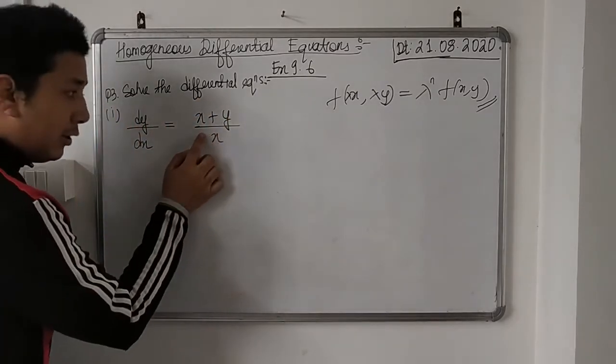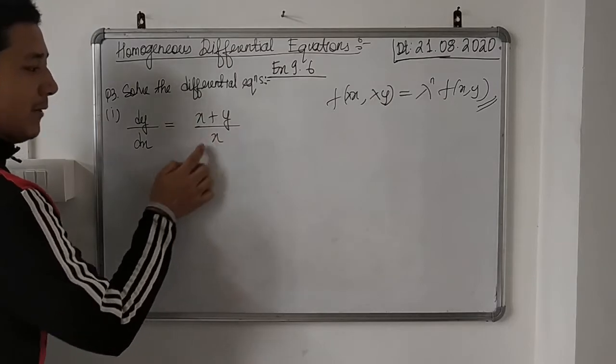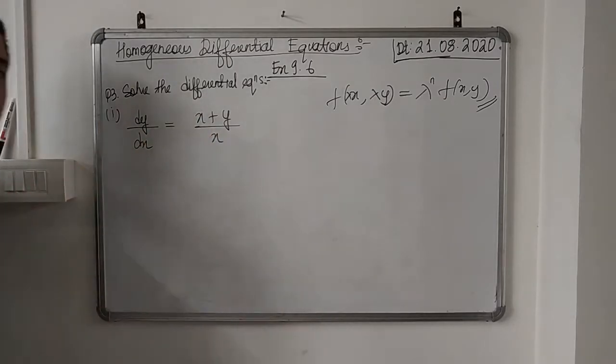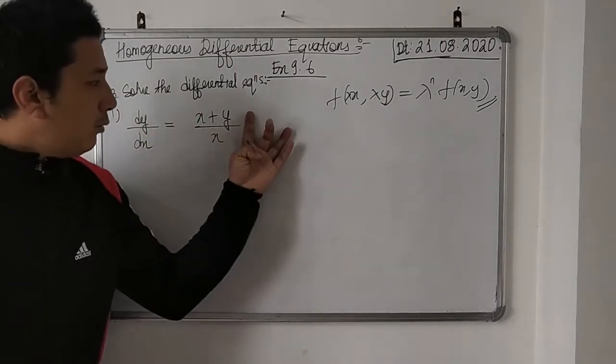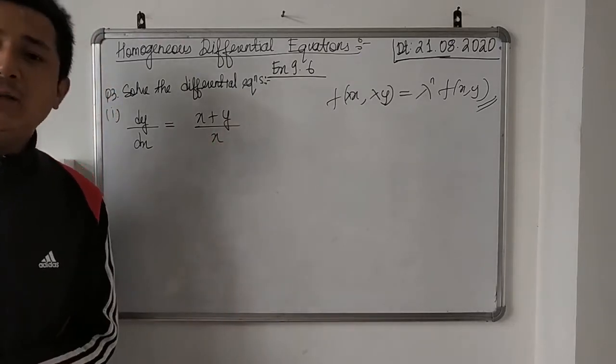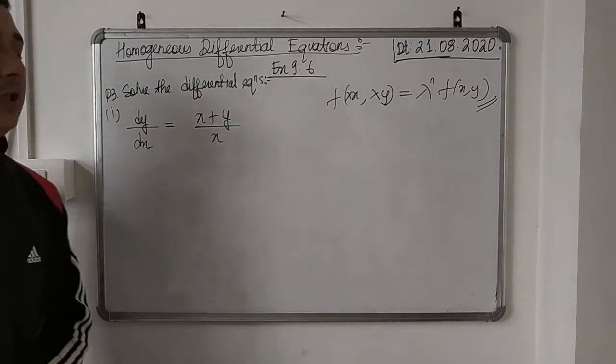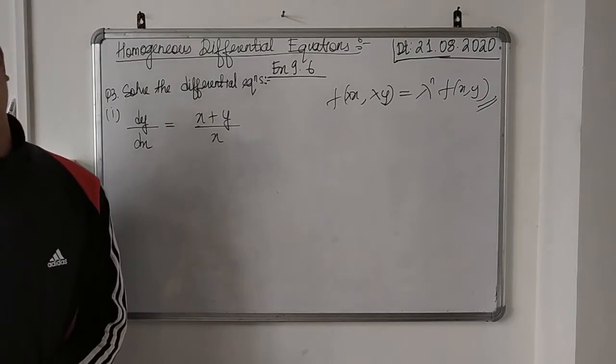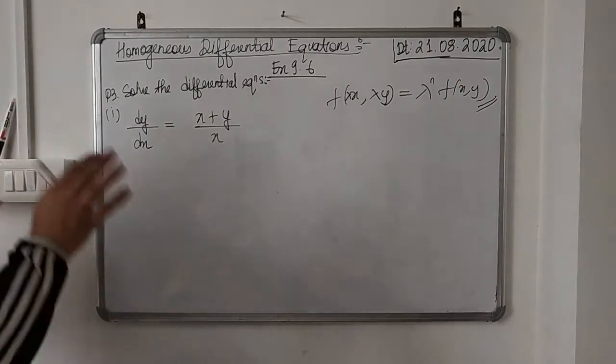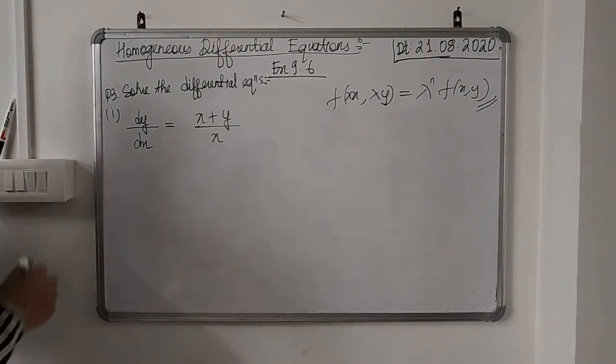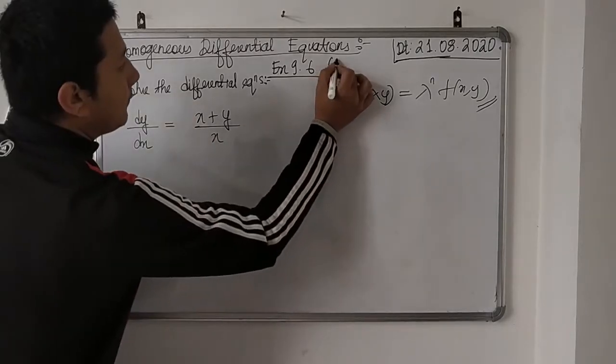In the denominator also the power is 1 because it is x to the power 1. So if the powers are equal in the numerator and denominator, then we can tell this equation is a homogeneous differential equation. So one of the simple ways to identify an HDE is this.